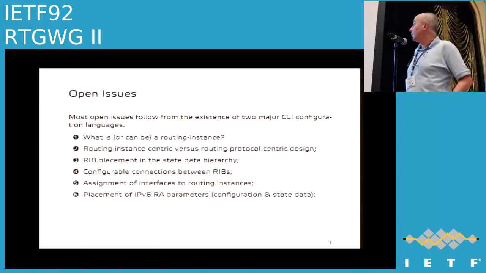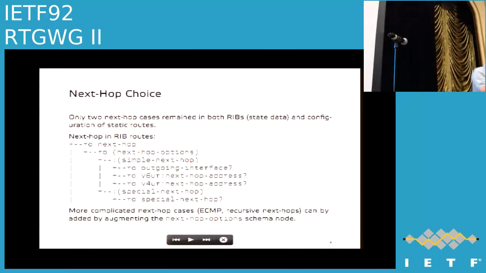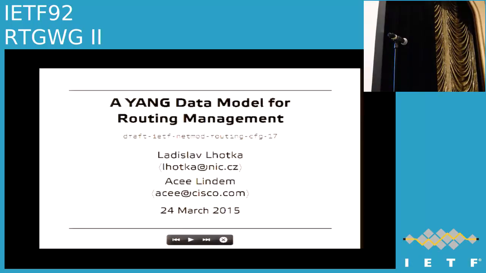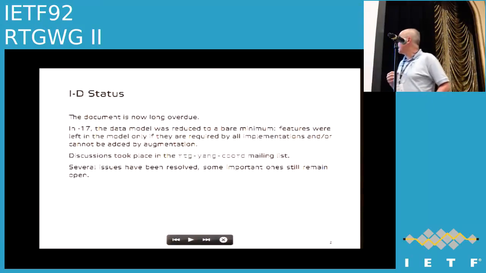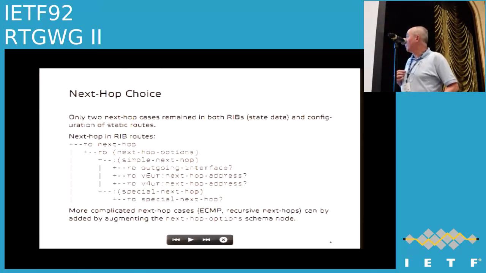This was maybe the most important issue that was resolved during that session, and it's about the overall organization of the data tree. There are two basic options used by different vendors in their CLIs.